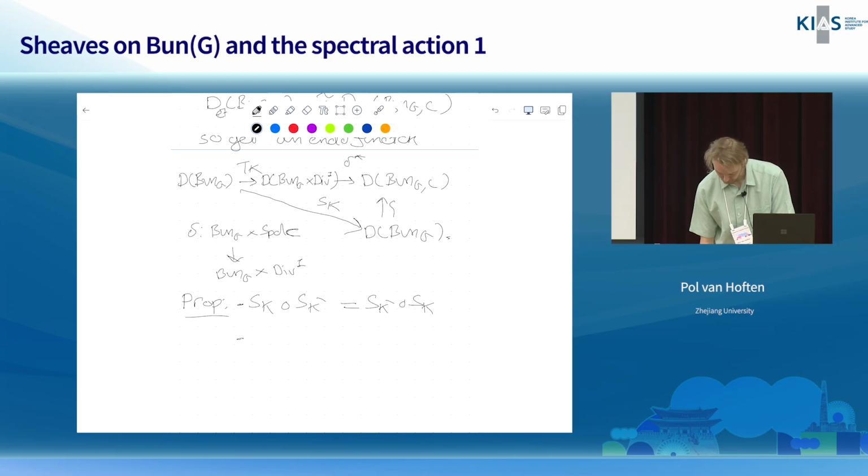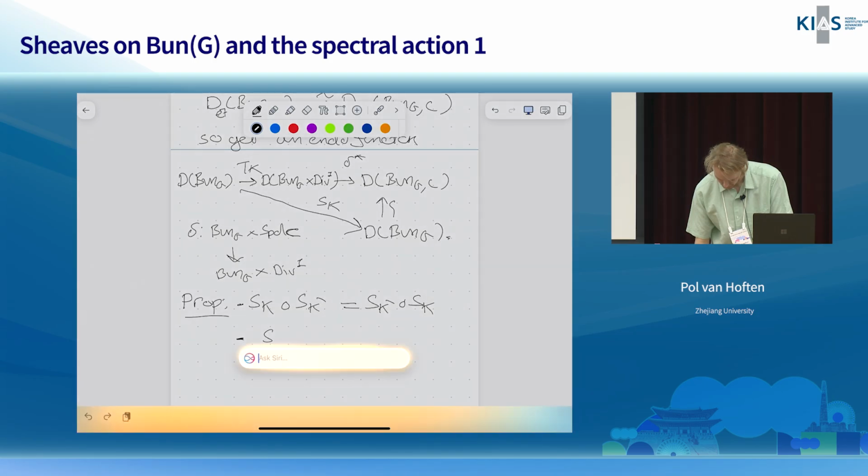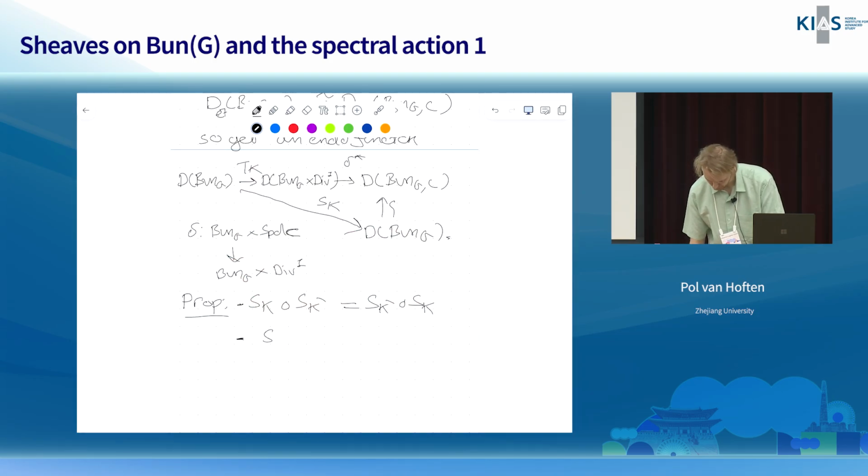And even better, I have that S_K composed with S_K' is like S of K tensor K'.